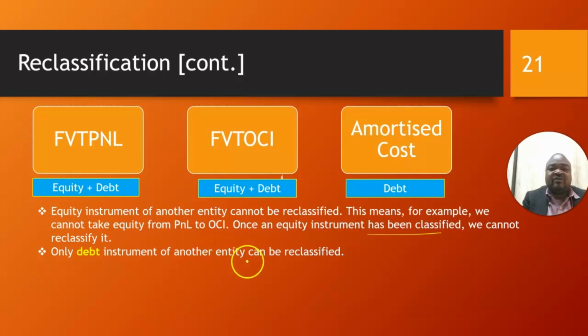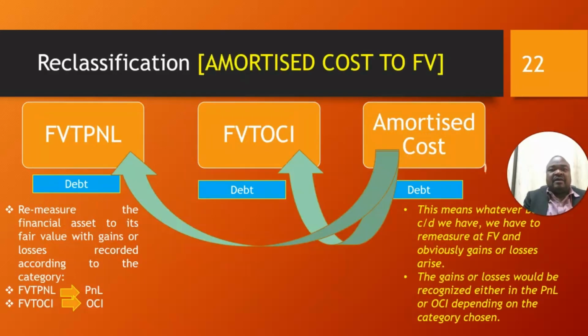Only debt instrument of another entity can be reclassified. So only debt can actually be moved from amortized to fair value through other comprehensive income, or to fair value through P&L.